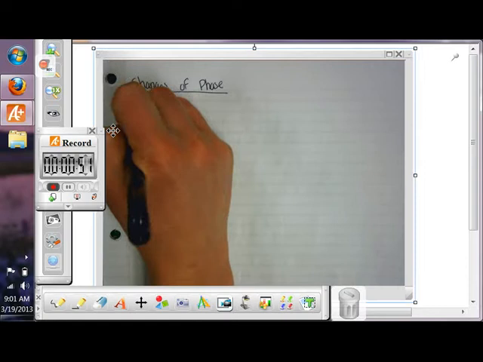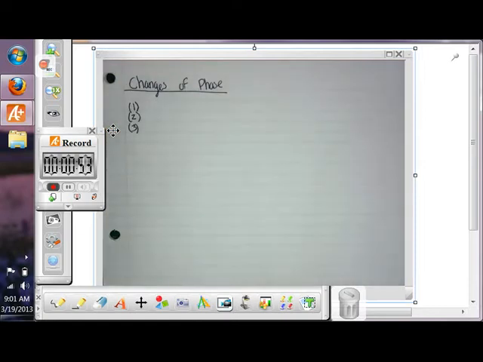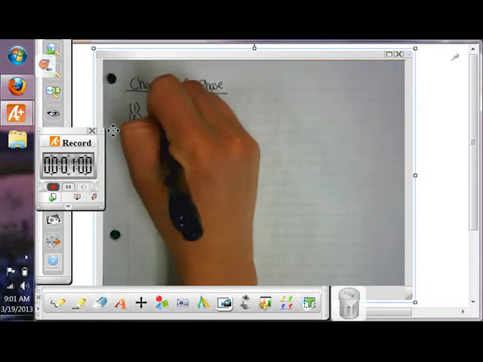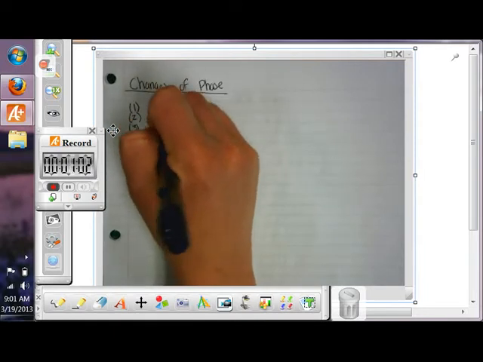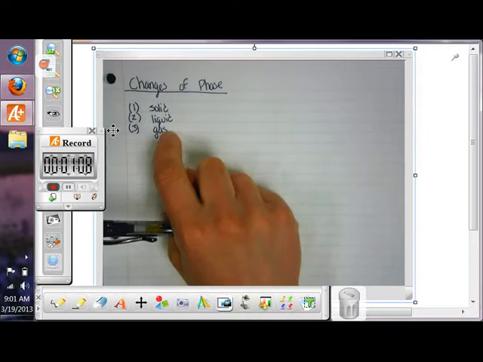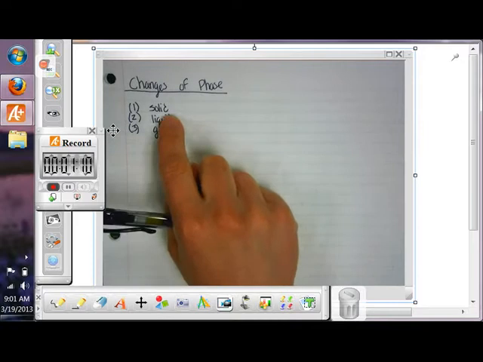And hopefully you guys know those phases, which are solid, liquid, and gas. And basically what we're going to do today is be able to calculate the heat change when you go from a solid to a liquid, or from a liquid to a gas, or from a gas down to a liquid.